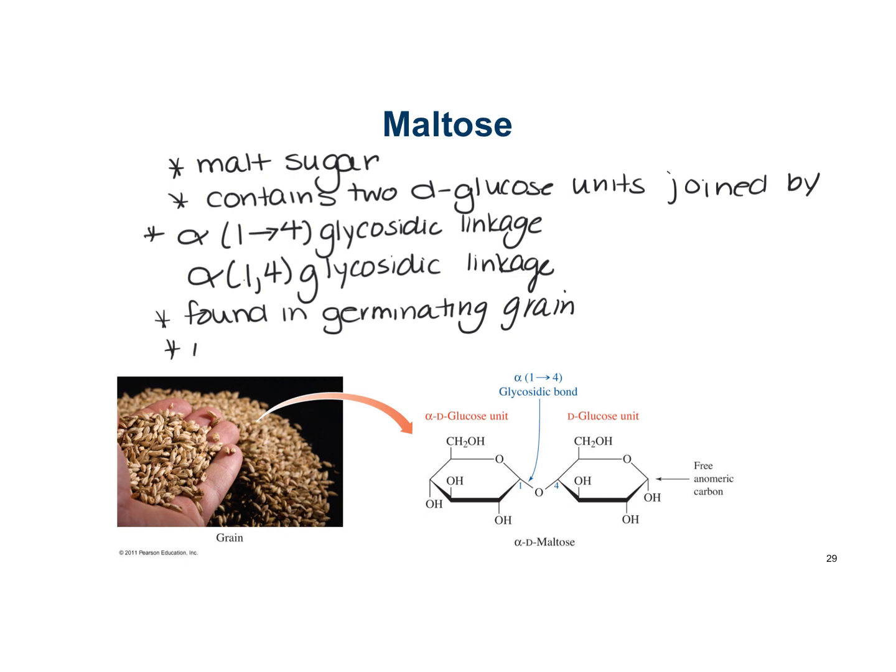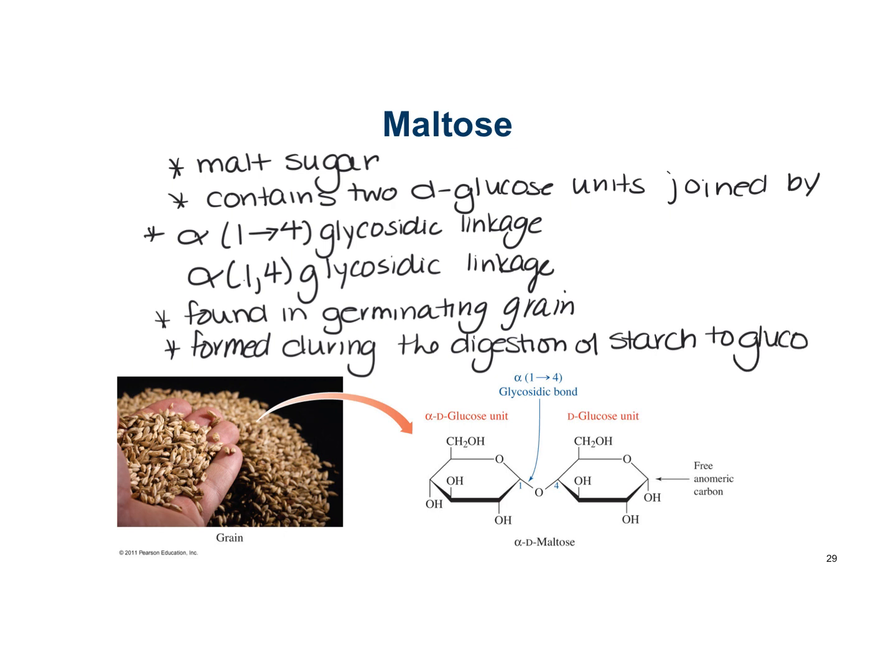And it is also formed during the digestion of starch to glucose. That is a reducing sugar because we have a free anomeric carbon.